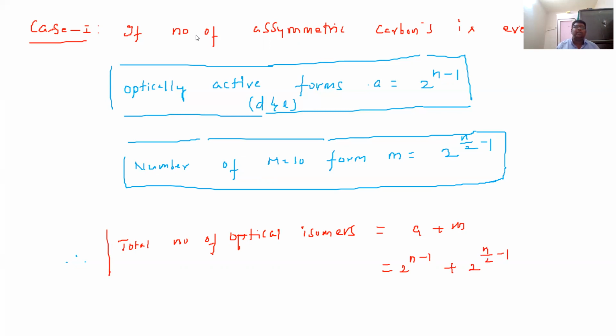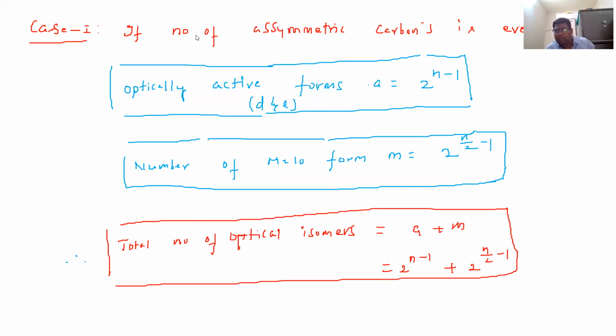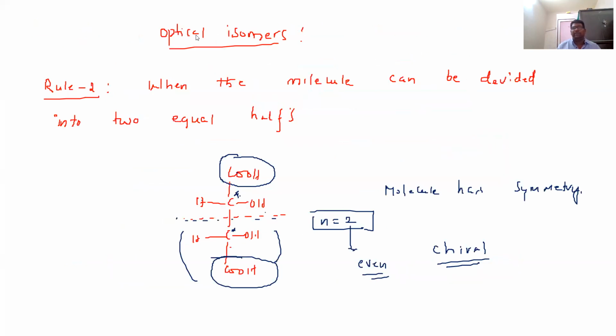So this is the formula for the total number of optical isomers when n, the number of asymmetric carbons, is even. What is the formula? 2 power n minus 1 plus 2 power n by 2 minus 1. So what is the example? I will give one example, that is tartaric acid.